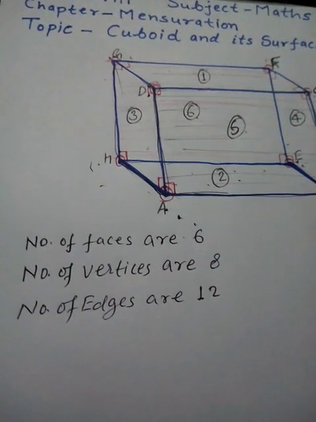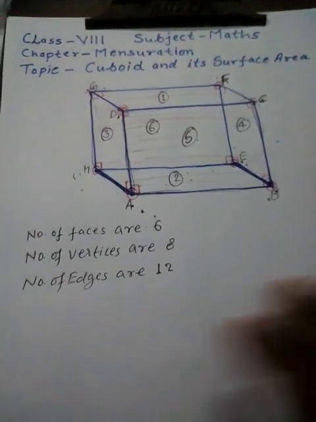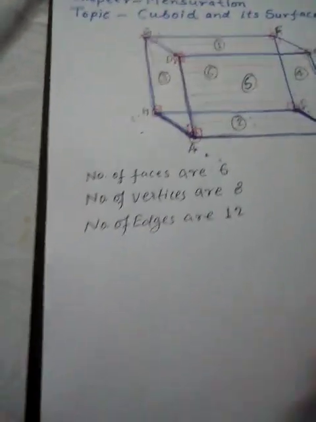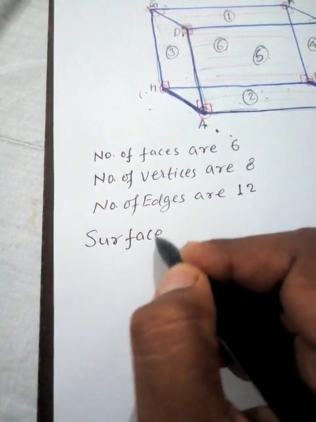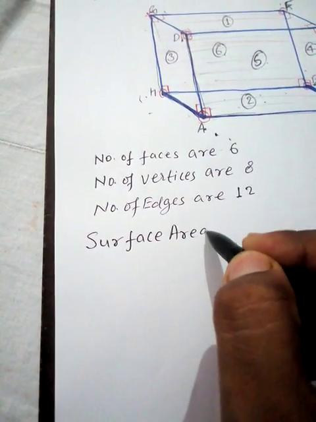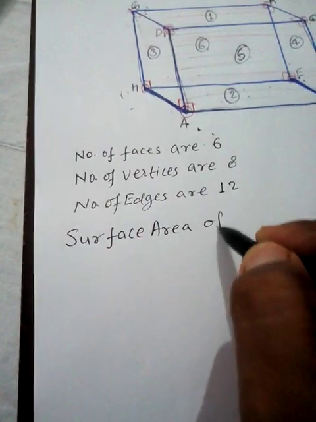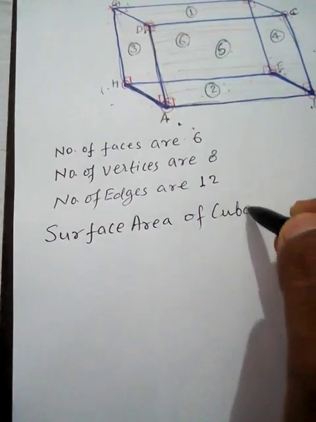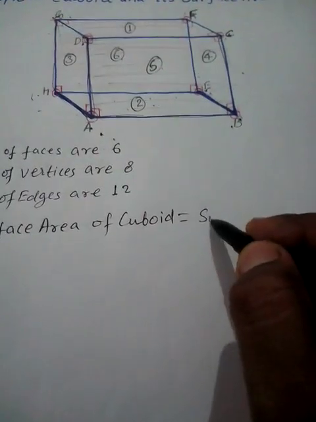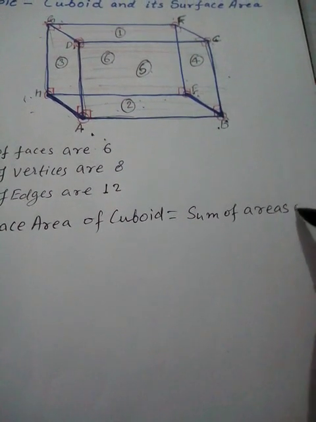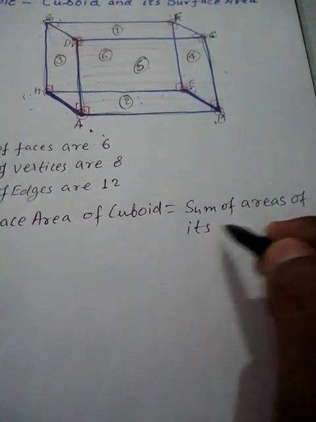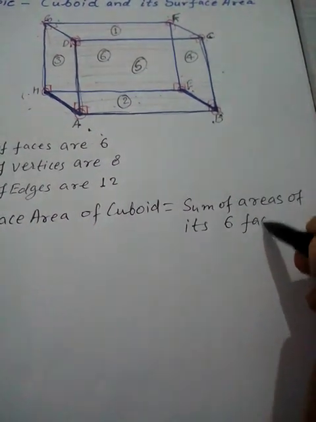Now we have to talk about the area, the surface area. When we are talking about the surface area of a cuboid, it means the sum of areas of its 6 faces.